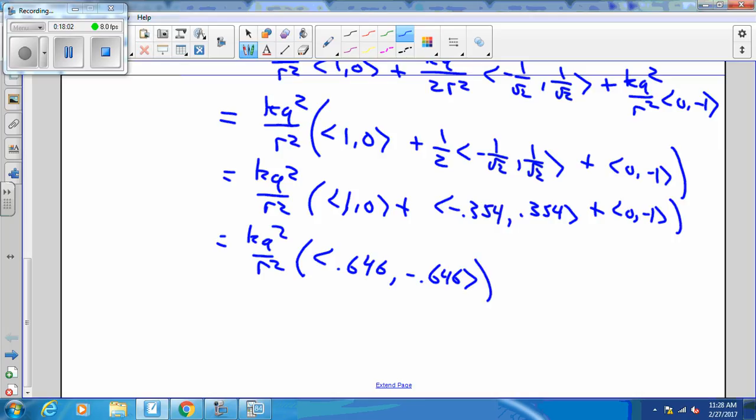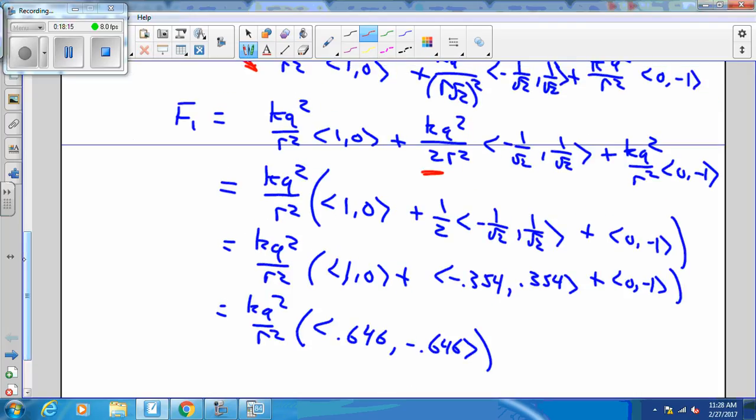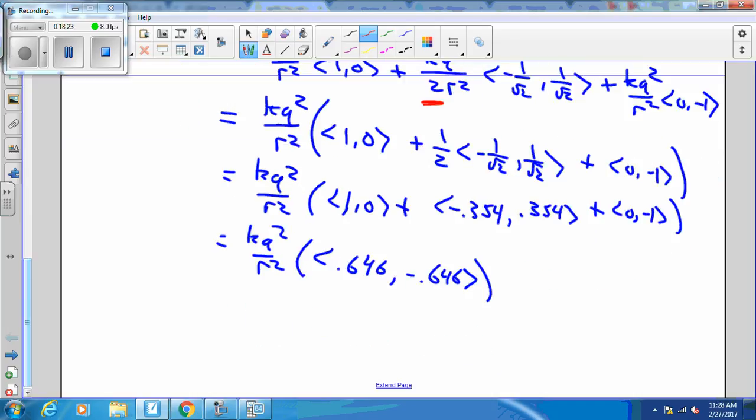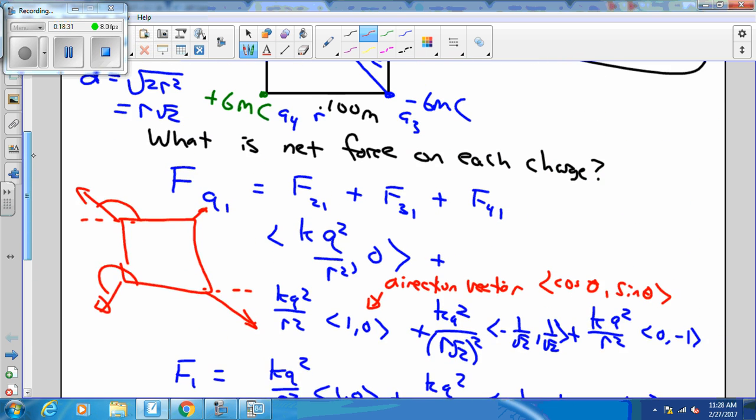Let's repeat. I got the 1/2 from right there. We had KQ squared over 2R squared in that middle term, which is 1/2 of KQ squared over R squared. Why is that an issue?